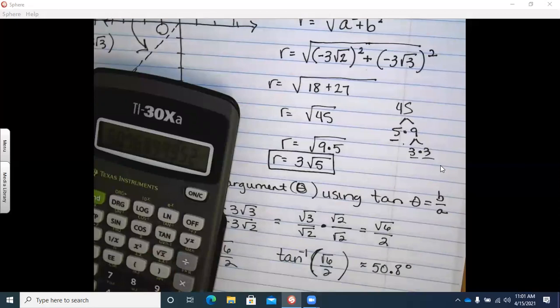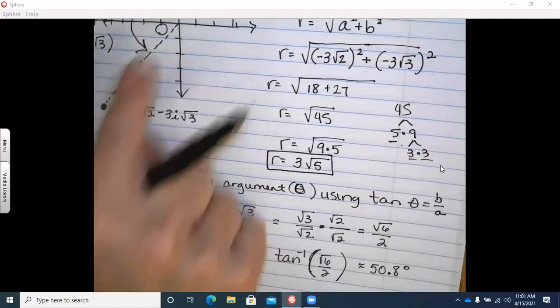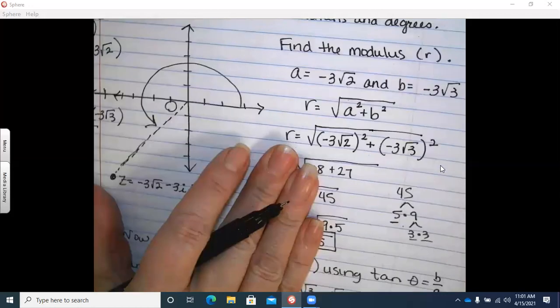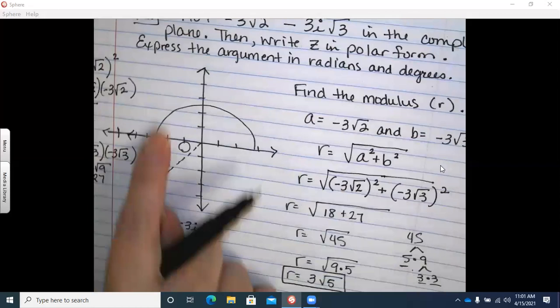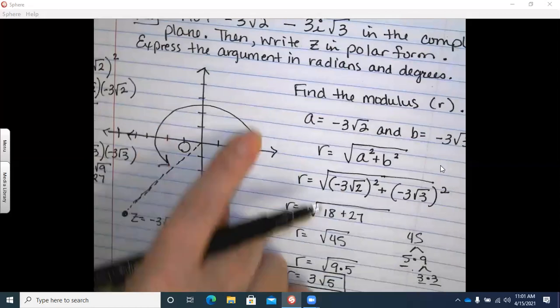Well, is that what that angle measure is? 50.8? No, that's the reference angle, right?